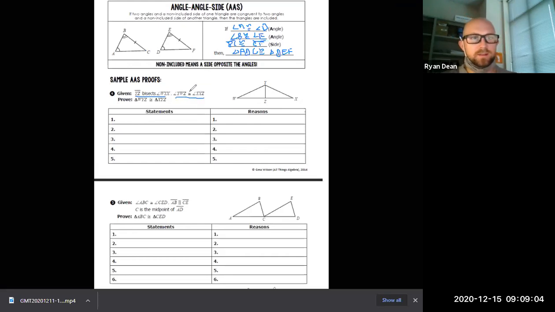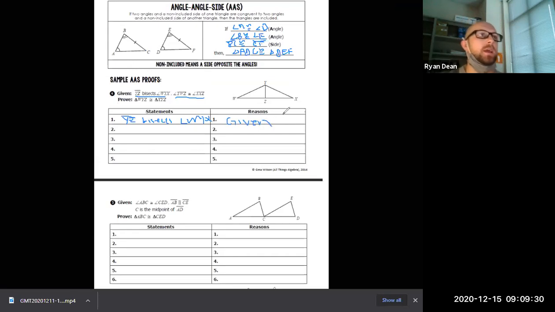And we know that they're both given statements because they're separated by this comma. So this first one, YZ bisects angle WYX. Okay, so that's our first given statement.